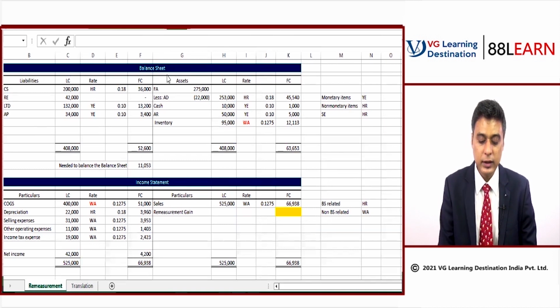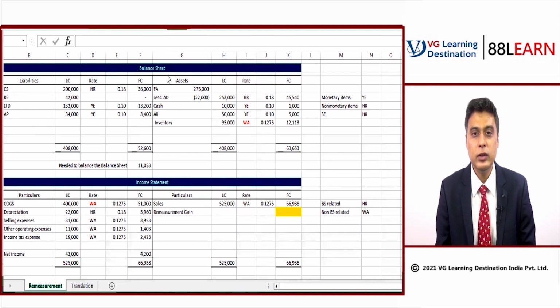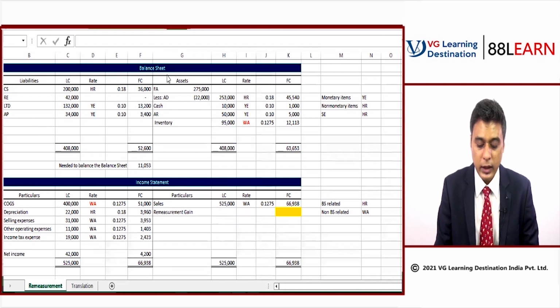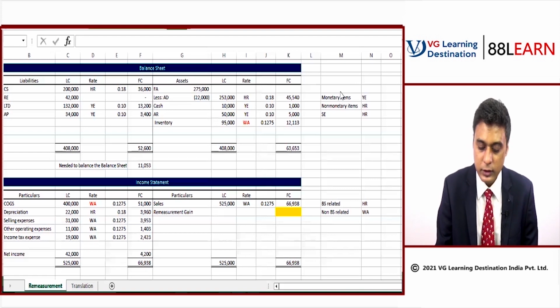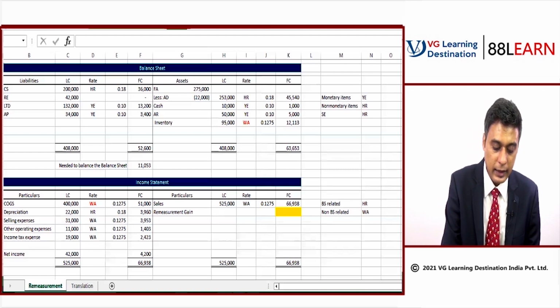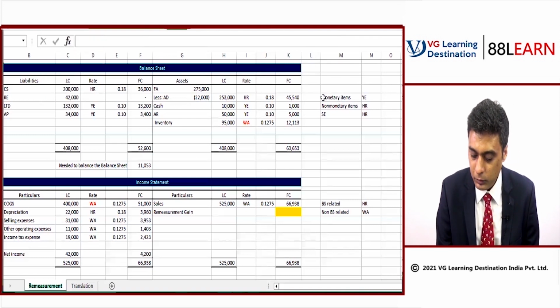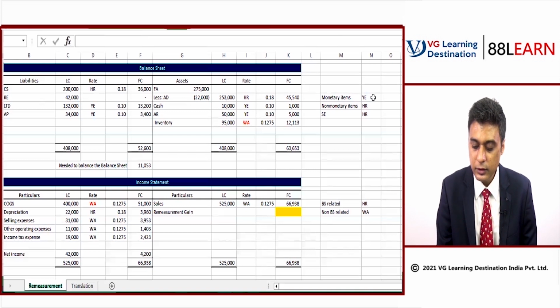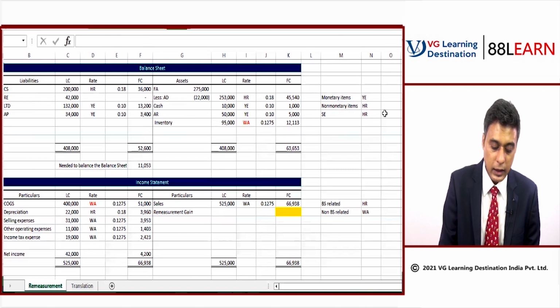So when we start with the balance sheet, first of all, in the exam or whenever you practice, just in your mind, quickly do a recap of which rates are going to be used. So here, for the ease of reference, I have already written it on the side. Monetary assets, year-end rate. Non-monetary items, historical rate. Stockholders equity, historical rate, right?